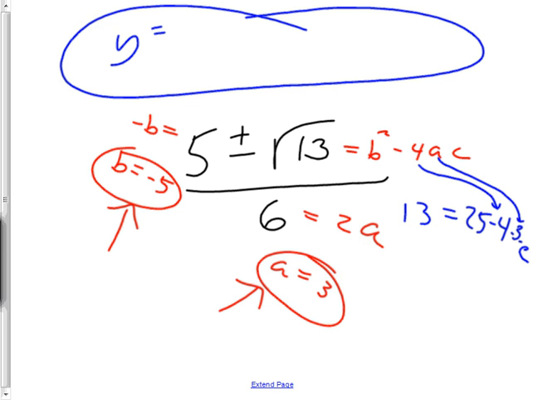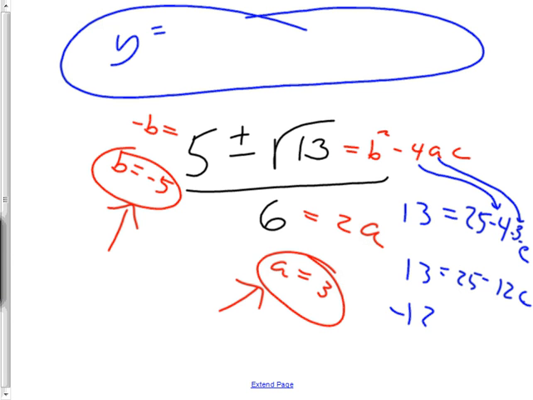into my formula. Okay, now I got 13 equals 25 minus 8c. Then I subtract 25 from both sides. Negative 12 equals negative 8. Wait a minute, something went wrong there. Not 8c, 12c. Thank you. Okay, now I'm going to subtract.